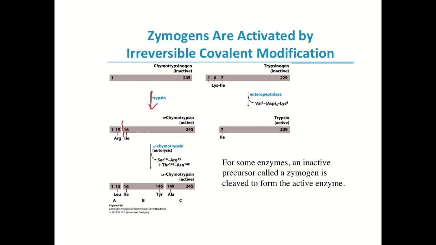It cleaves between the residues 15 and 16, and then the residues 14, 15, 147, and 148 are removed to get to the active alpha chymotrypsin form. Similarly, the enzyme trypsin starts out as an inactive trypsinogen, which is then cleaved to form the active trypsin enzyme.